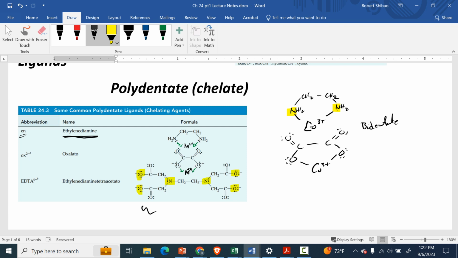And the reason they're difficult to break off is because if we break one of these bonds, let's say I break this bond here, then this bond's still connected. And if I try to break the other bond, what can happen is the first bond can reattach.